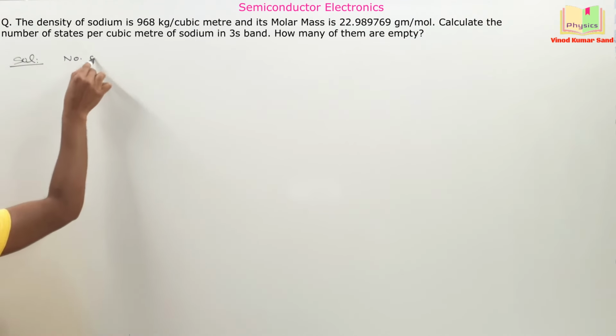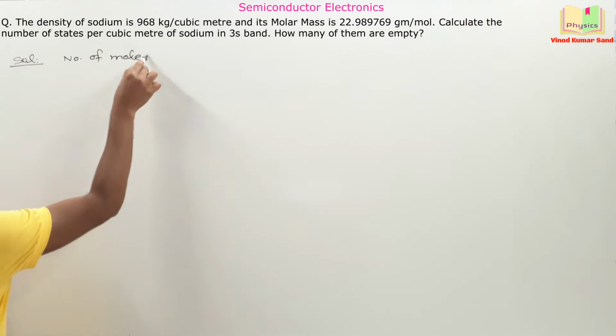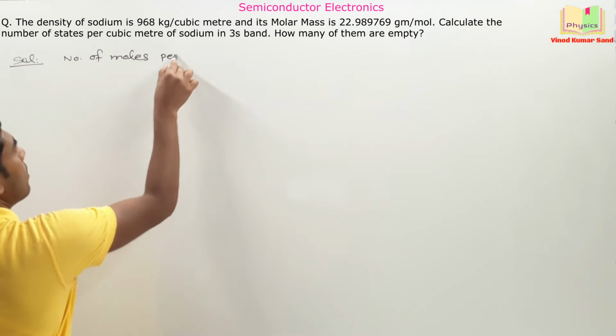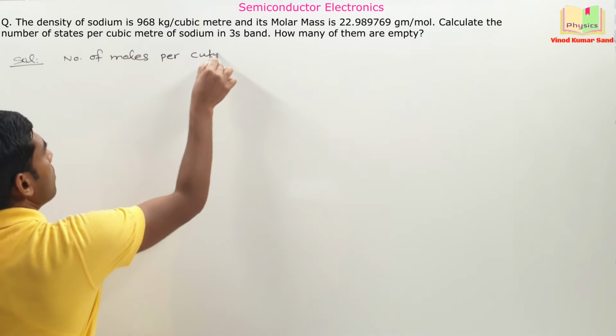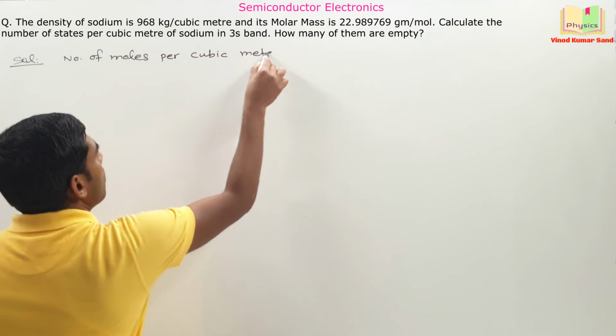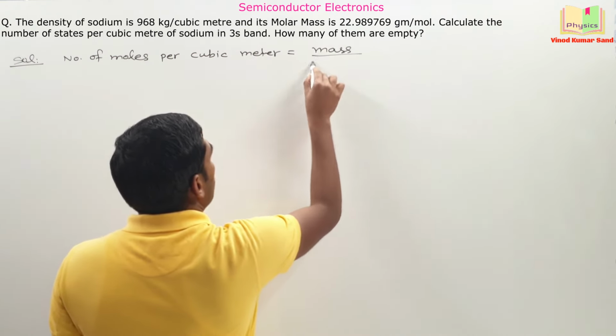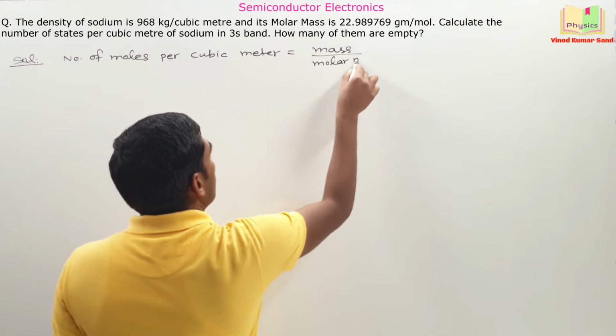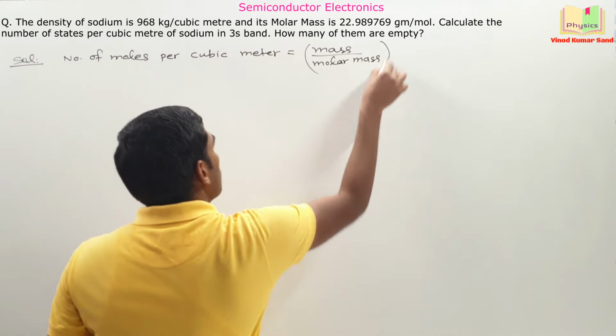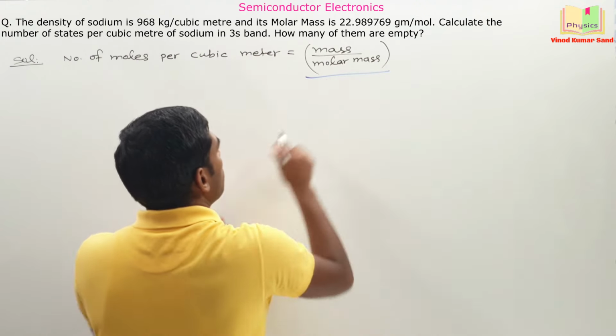Number of moles per cubic meter is equal to mass divided by molar mass divided by volume.